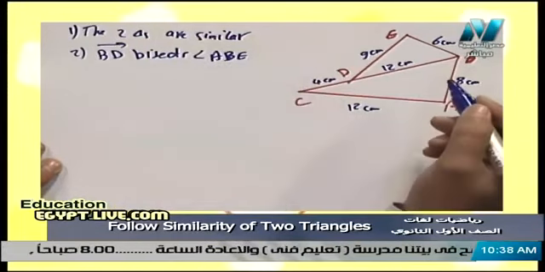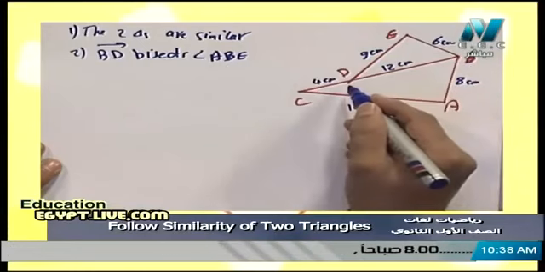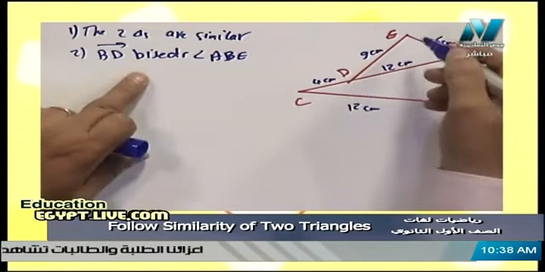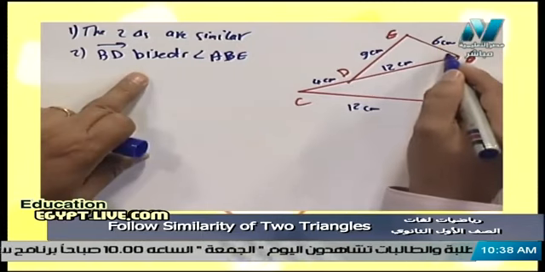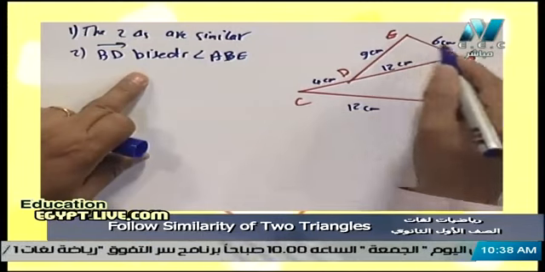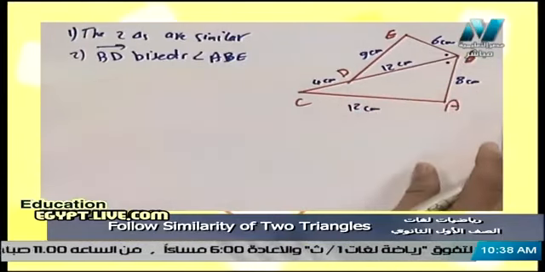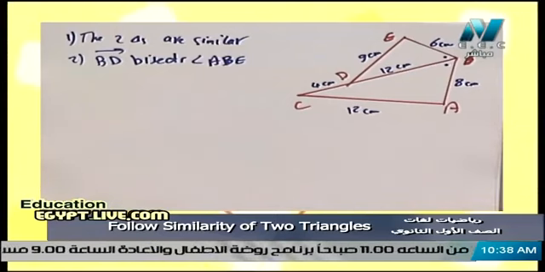The ray BD is this one. That means that we would like to prove that the measure of angle EBD equals the measure of angle ABC. Okay, let's move to solve this.